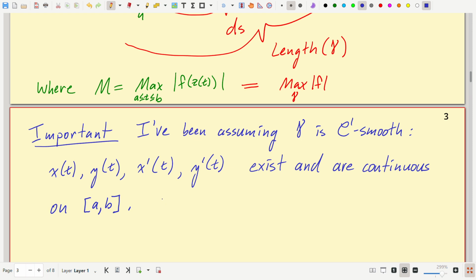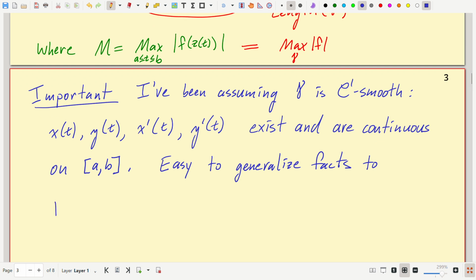And it's a fact, it's not hard to show, it's easy to generalize our facts to piecewise C1 curves. And here's what that means. I'll give you a picture definition. Piecewise smooth curves look like this.